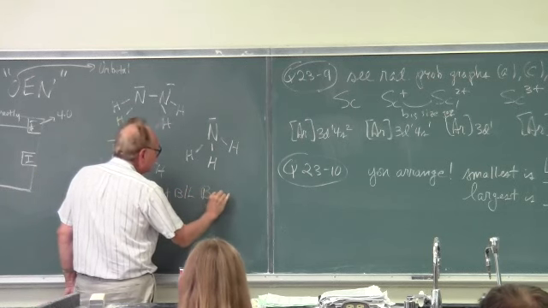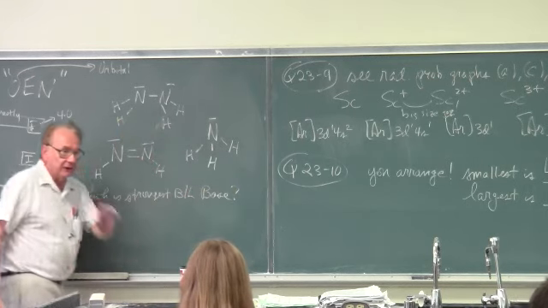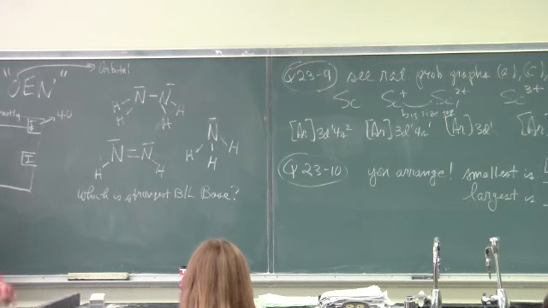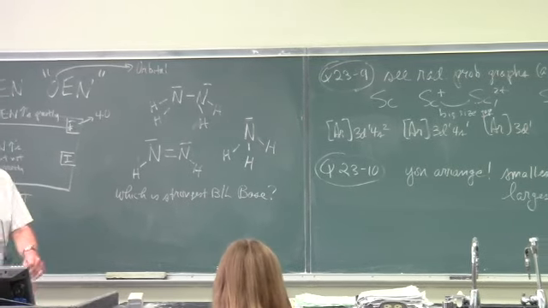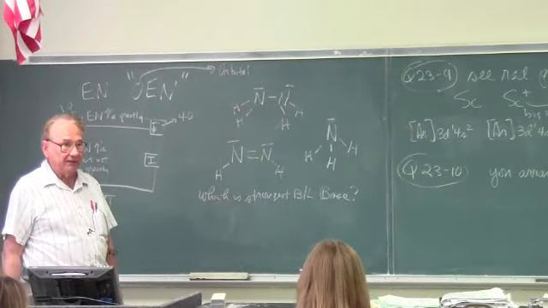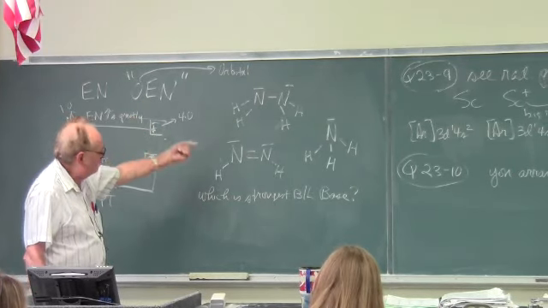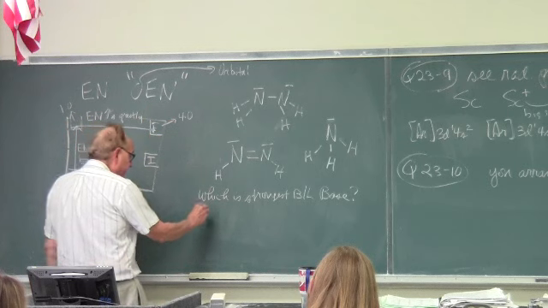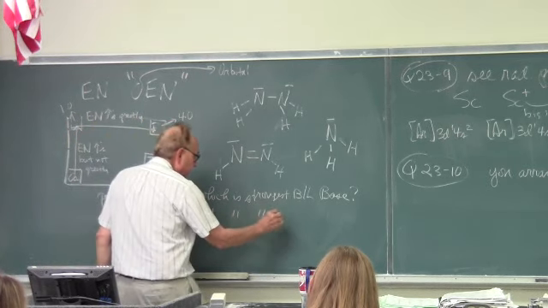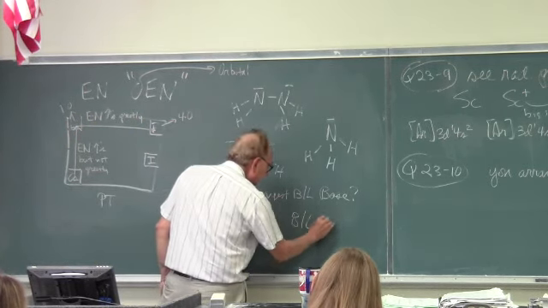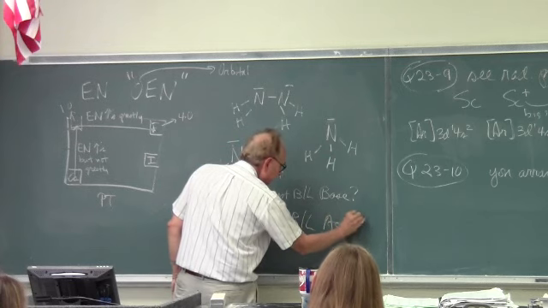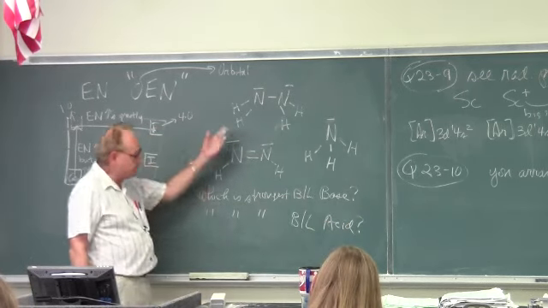I do this because we've already said our main intent in Chapter 23 is to establish a basis for rationalization of Bronsted-Lowry acid-base strength. So what we're going to do now is to show how orbital electronegativity relates to this. And then we're going to ask, which is the strongest BL acid? These three molecules.